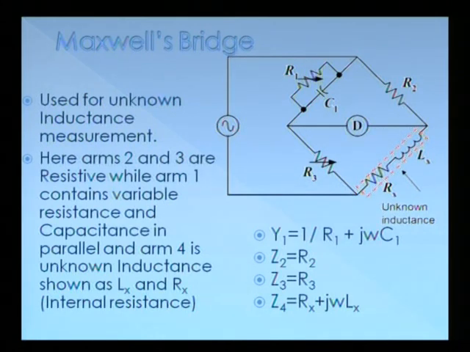As arm 1 contains R1 and C1 in parallel, we go for the admittance instead of impedance, that is Y1 is equal to 1 upon R1 plus j omega C1. Z2, the impedance of arm 2, is R2, the impedance of arm 3 is R3, and the impedance of arm 4 is equal to Rx plus j omega Lx.